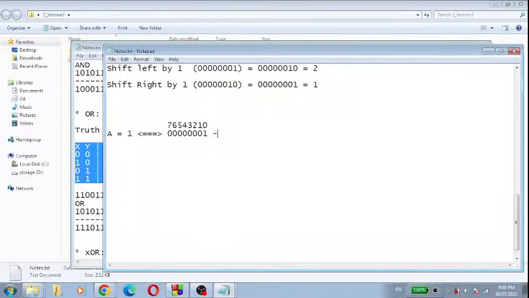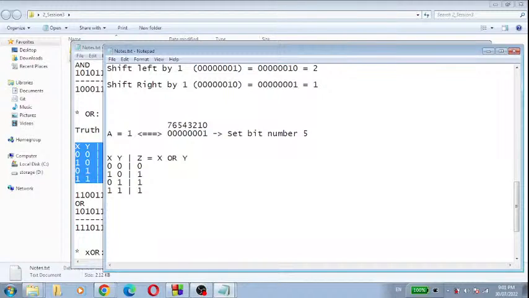I want to set bit number 5. How could I achieve this? I'm going to revise my truth table and get a result from this.